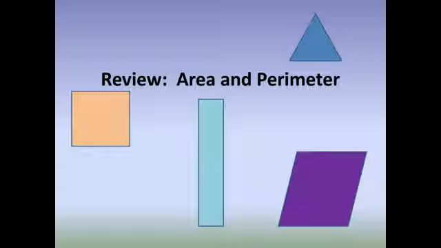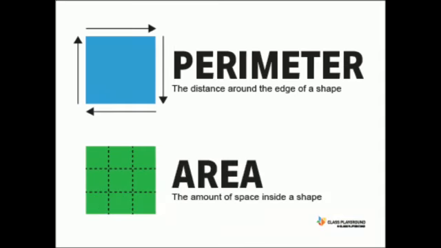I have given you an example of painting a wall. The wall which we have to paint, the painting portion, that we call area. So the difference between perimeter and area is what? Perimeter is the distance around the edge of a shape, and area is the amount of space inside a shape.